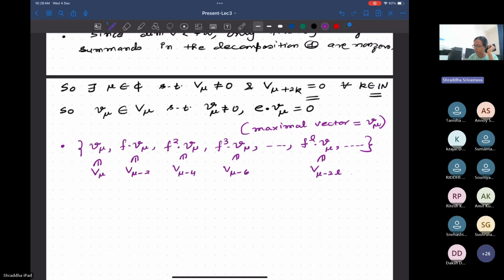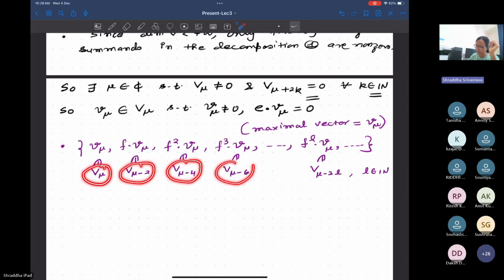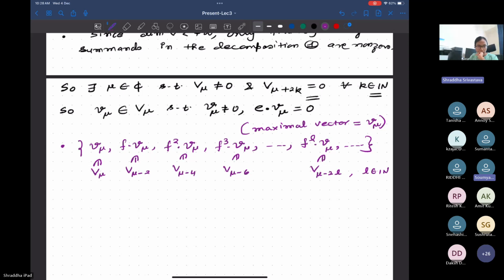And what do you know from linear algebra? These are eigenspaces, if non-zero, for distinct eigenvalues. So the vectors from here will be linearly independent. Sorry? There must be finitely many eigenvalues.